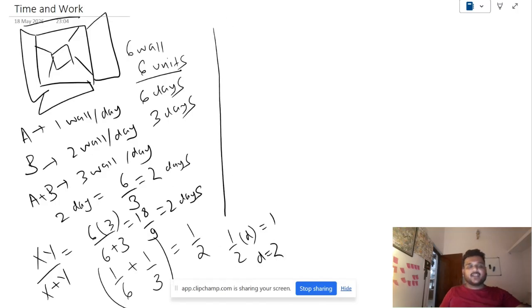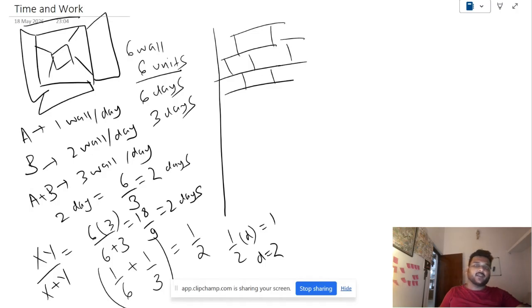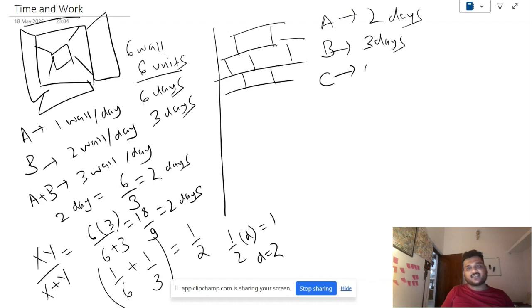Now let's take a little more complex example. Let's say there is a wall, and we have a job of creating this wall brick by brick. There are three masons, A, B, C. Let's say that A takes 2 days, B let's say takes 3 days, and C let's say takes 6 days.